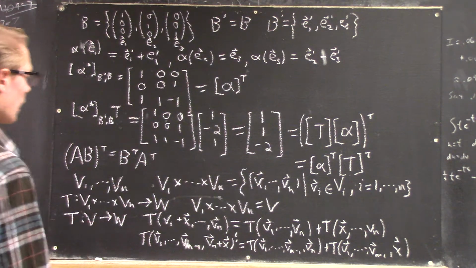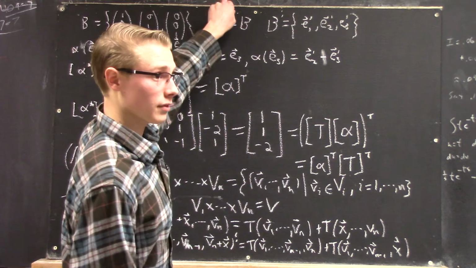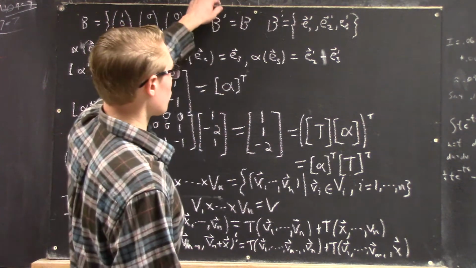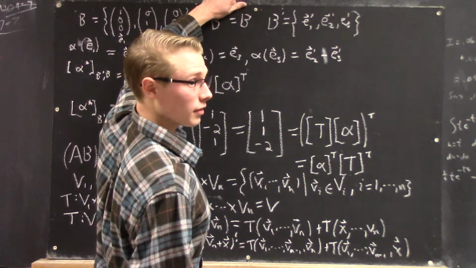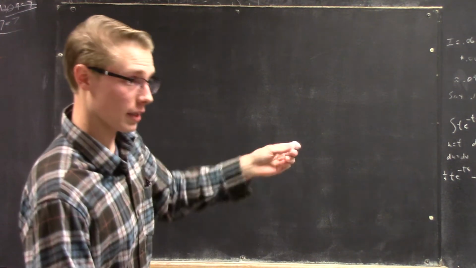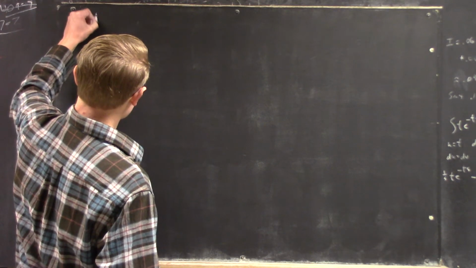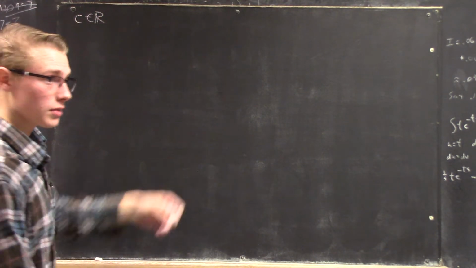Well, to verify the property of scalar multiplication, you can write that as such, and I'll use a new board. Let's just use some scalar c, where c is an element of the set of real numbers.